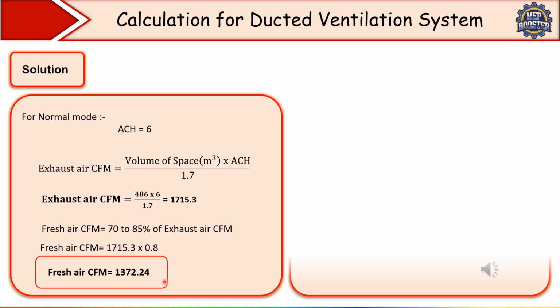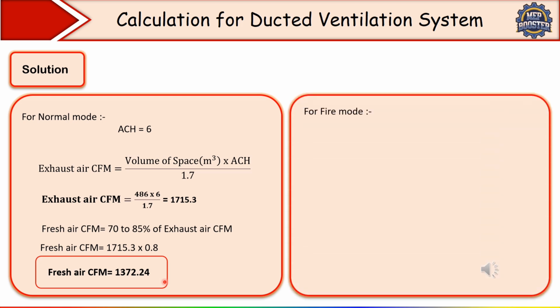Suppose there is a fire mode. For fire mode, how much ACH value do we have to take? 12. It means in 1 hour we have to change the air 12 times. Now we use the same formula to find the exhaust air CFM: volume of space in meter cube into ACH divided by 1.7.